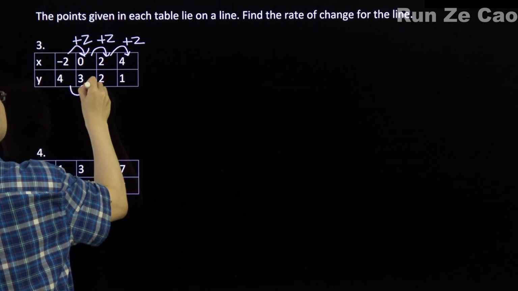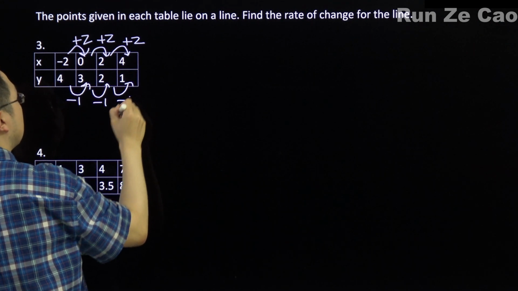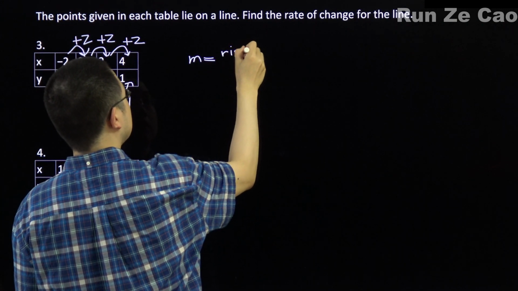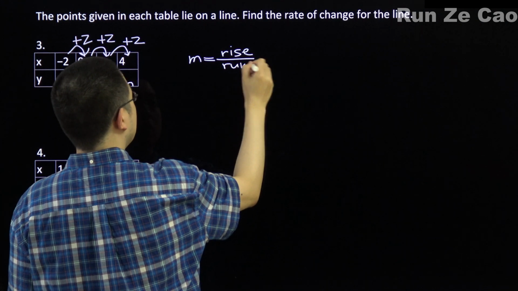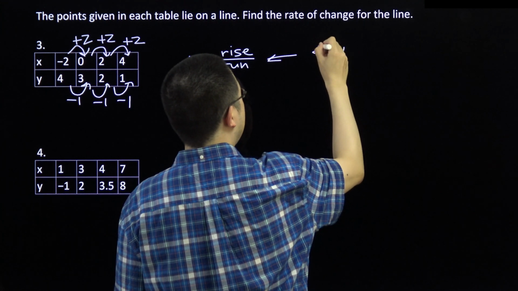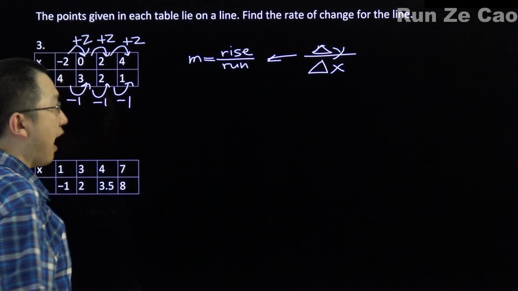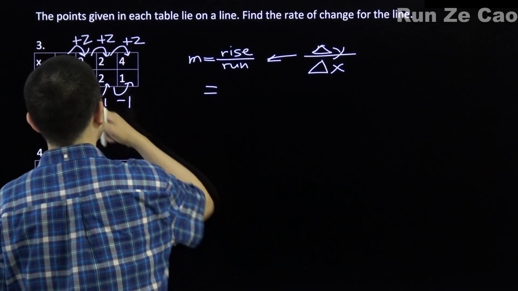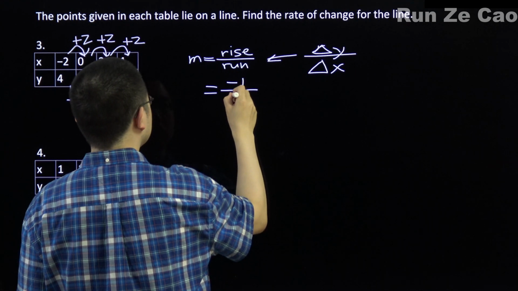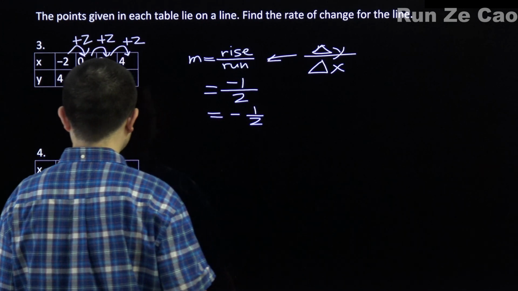Okay, no problem there. -1, -1, -1. So M equals rise over run. Or you can write this as change in y, delta y, over delta x. Change in x. Since y we know is -1 each time versus +2 for x, we end up with -1/2.